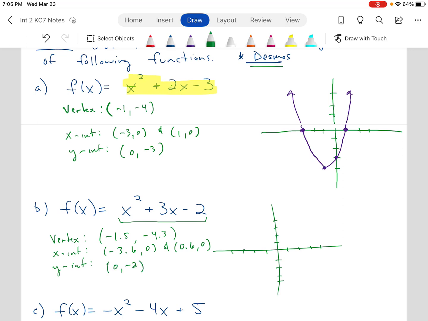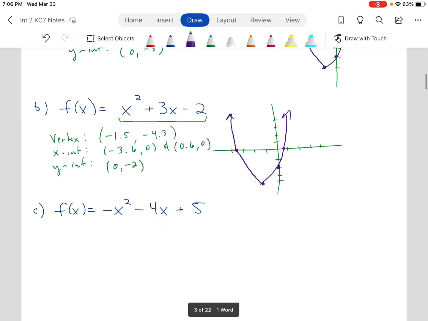So I'm going to go ahead and plot those points. So negative 1.5, negative 4.3, somewhere here. My x-intercepts here, and my y-intercept here. So my graph is as follows.